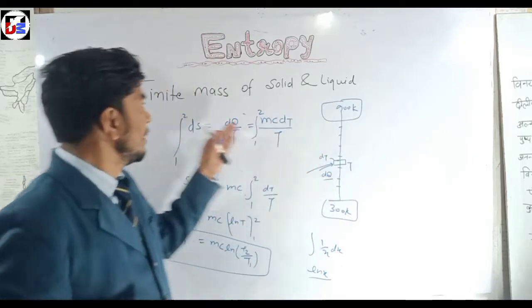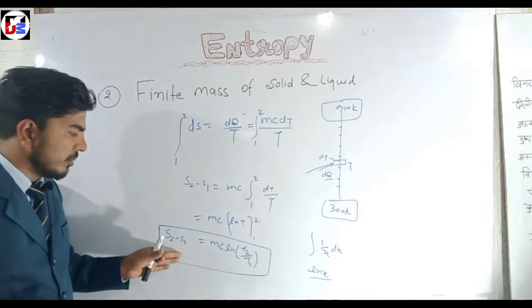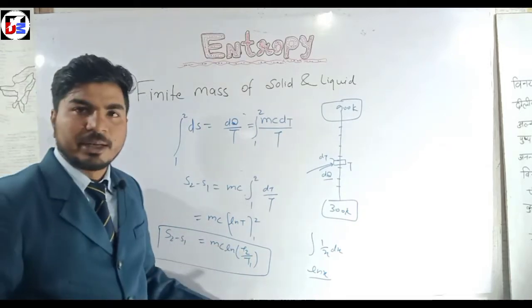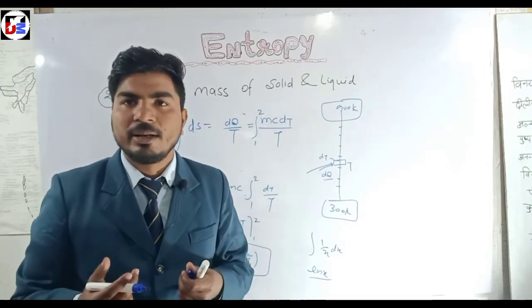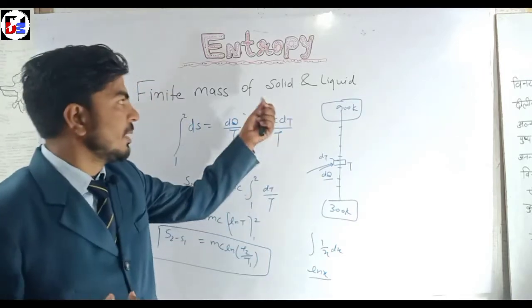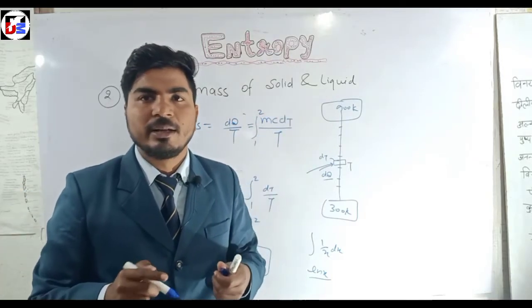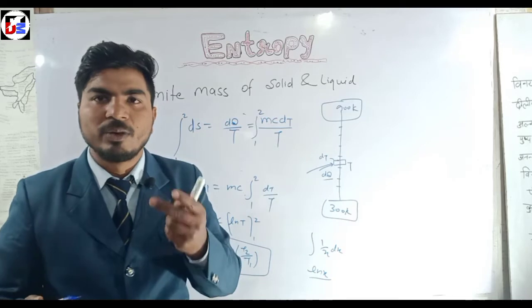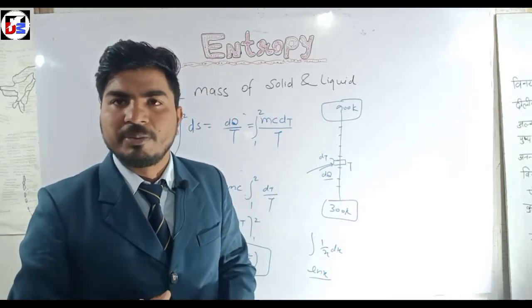When a reservoir is given or phase transformation is given in the problem, then we can write Q by T. But in this case, finite mass of solid or liquid, we apply S2 minus S1 equals mc ln T2 upon T1. Here c is only one value in the solid or liquid. In the gaseous state, there are two specific heat values, constant volume and constant pressure.